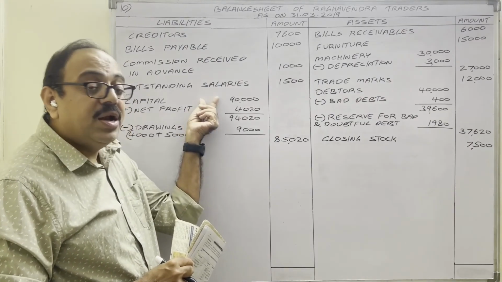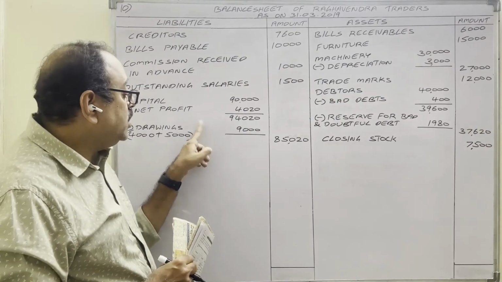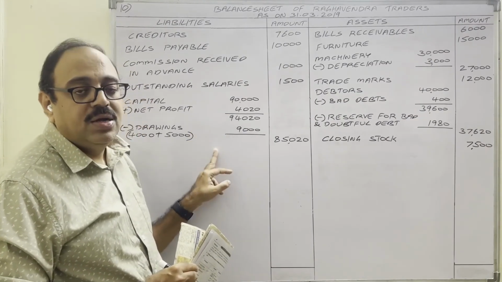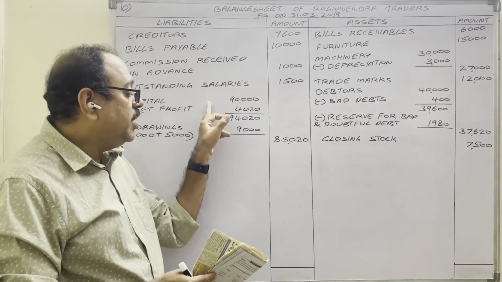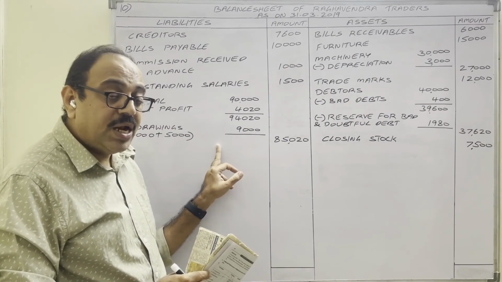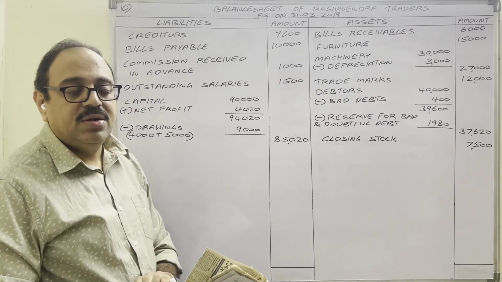From capital already they have deducted. So interest on drawings to drawings we have to add. In other words, from capital we should subtract. If interest on drawings are given in the adjustment, then from capital we will deduct here. But it is given in the trial balance, no? That is why I am not subtracting from capital. So everything we have taken.